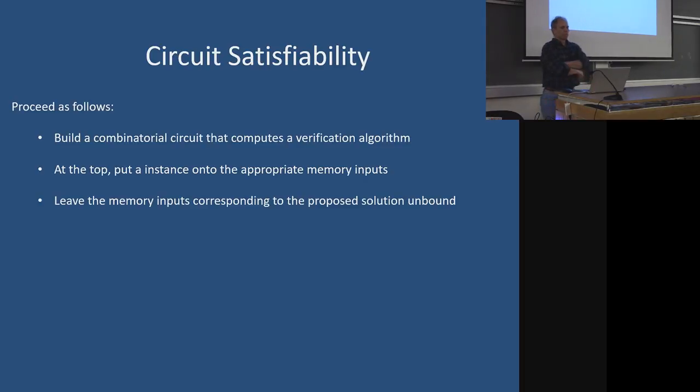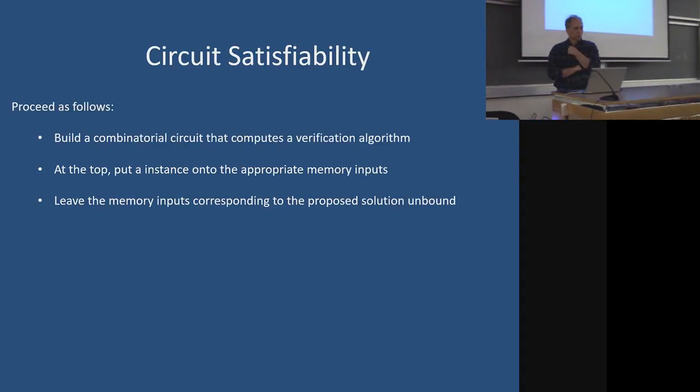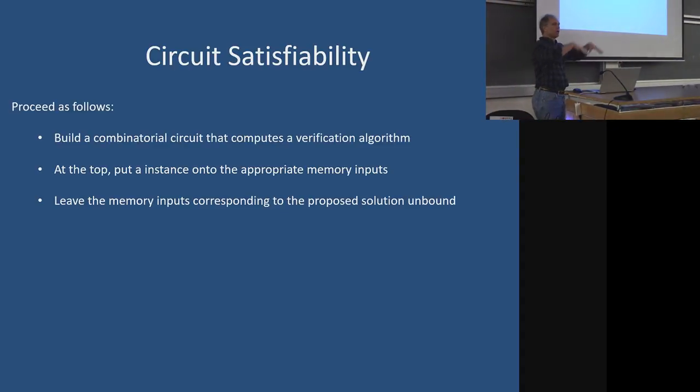Okay, so what are the inputs to a verification algorithm? What does a verification algorithm take as inputs? Yeah? The proposed solution. The proposed solution, and also a description of the proposed instance. So what we do is we have at the top where the inputs to the circuit are. Think of them as a bunch of wires.